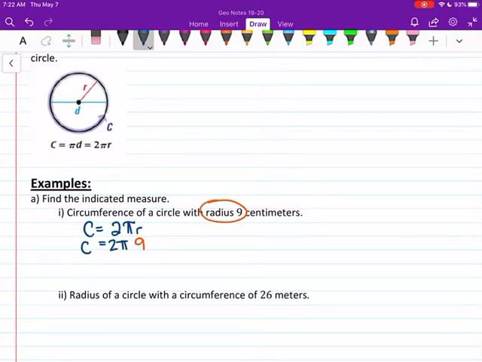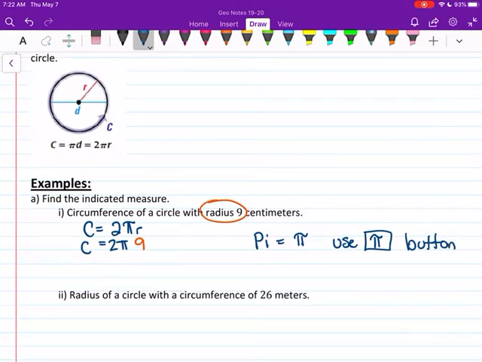Now remember, for pi, please use your pi button on your calculator. So locate that. Please do not use an approximation. Use that pi button.